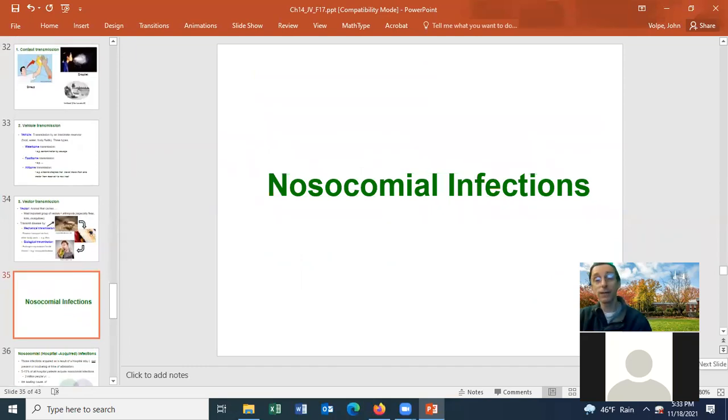If not, we're going to change topic again and talk about nosocomial infections. These are also called hospital-acquired infections.